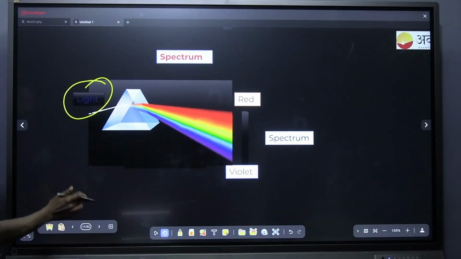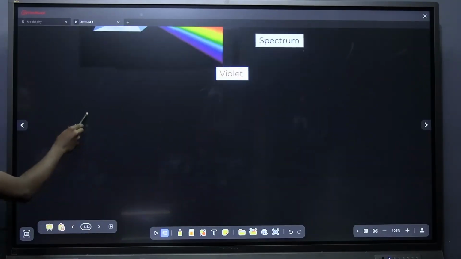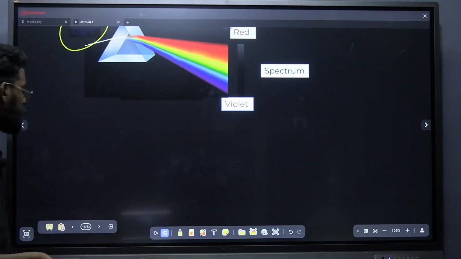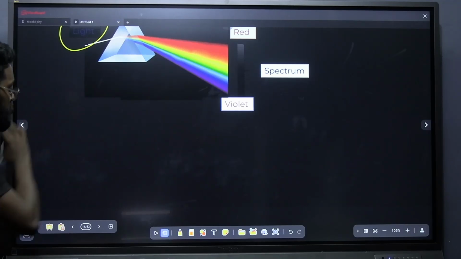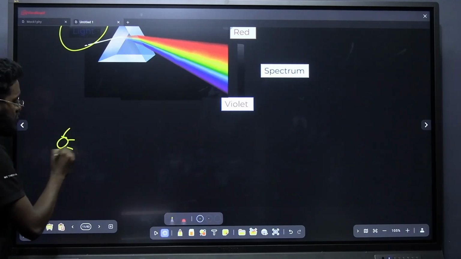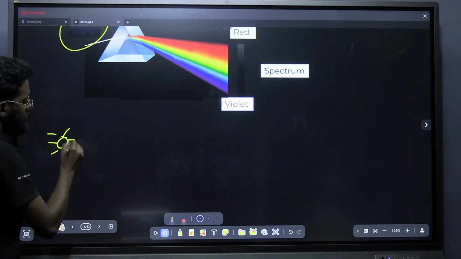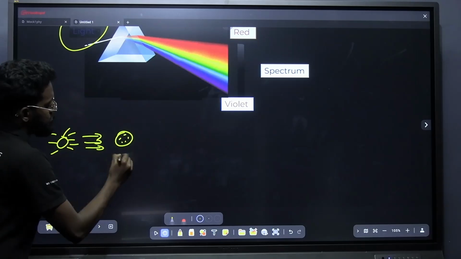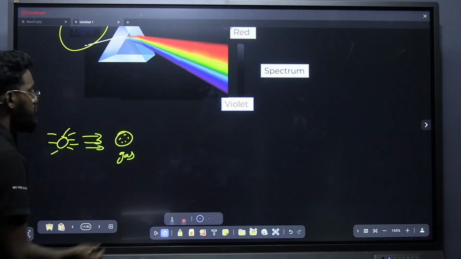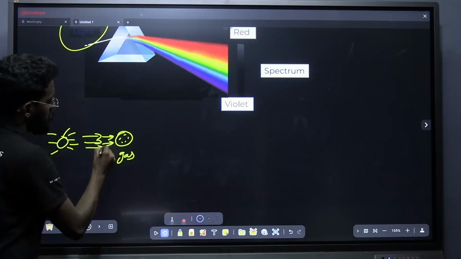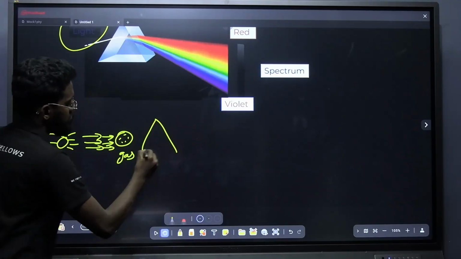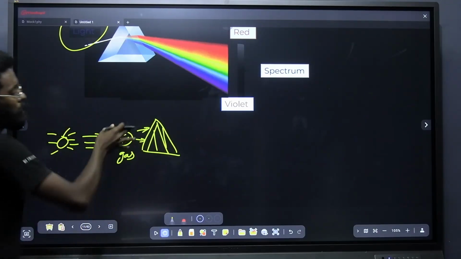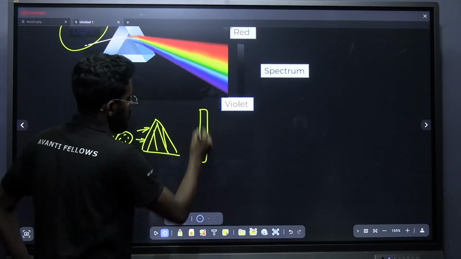Before going to the hydrogen spectrum, let me tell you what is emission spectrum and absorption spectrum. Listen very carefully, don't lose focus, because it's a little bit difficult to understand. I am having a light of radiation, and this radiation will be passing through a gas. Consider this is a gas molecule, any atom or anything. After passing through the gas, I will be placing a prism, and the remaining radiation will pass through it and I will be getting a spectrum here.